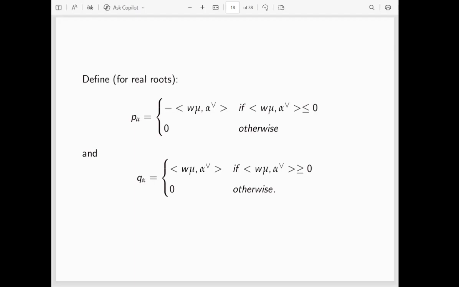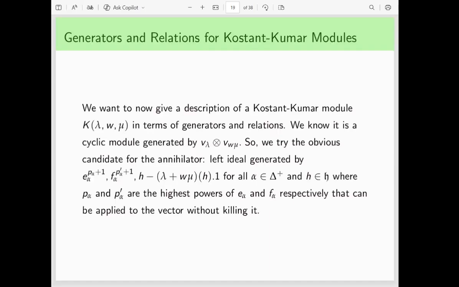They only have E alpha to some power, F alpha to some power, but never any mixed terms. And finding these powers is not very difficult. So for example, this E alpha will only act on the second component because V lambda is the highest weight vector. So E alpha will kill it and will only act on the second component. And from there on, you can see that the value of P alpha should be this and the value of Q alpha should be this.